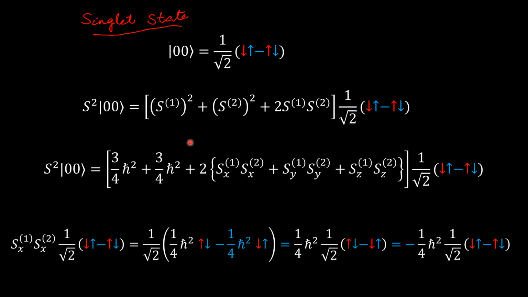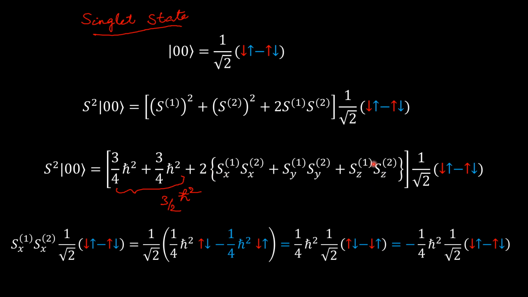It will not change the state. The S squared operator will not change the state of the system. So this will become 3 by 4 ħ squared plus 3 by 4 ħ squared, which if you add these two, you will get 3 by 2 ħ squared. So remember that this is 3 by 2 ħ squared.